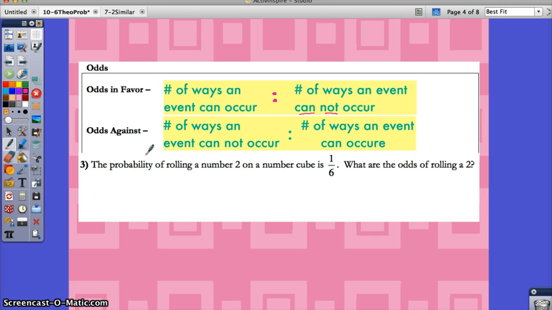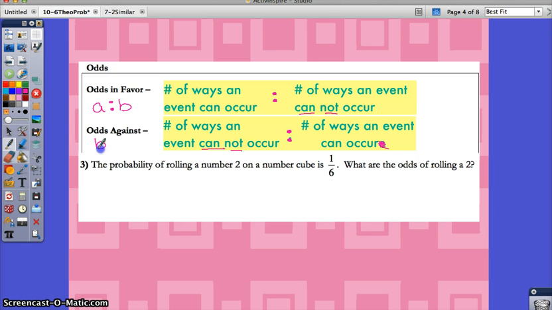The odds against then are the number of ways an event cannot occur to the number of ways the event can occur. Take that E off of there. Sorry, that's just a typo. So if the odds in favor of an event are A to B, remember this is just a ratio, then the odds against would just be turning that around.